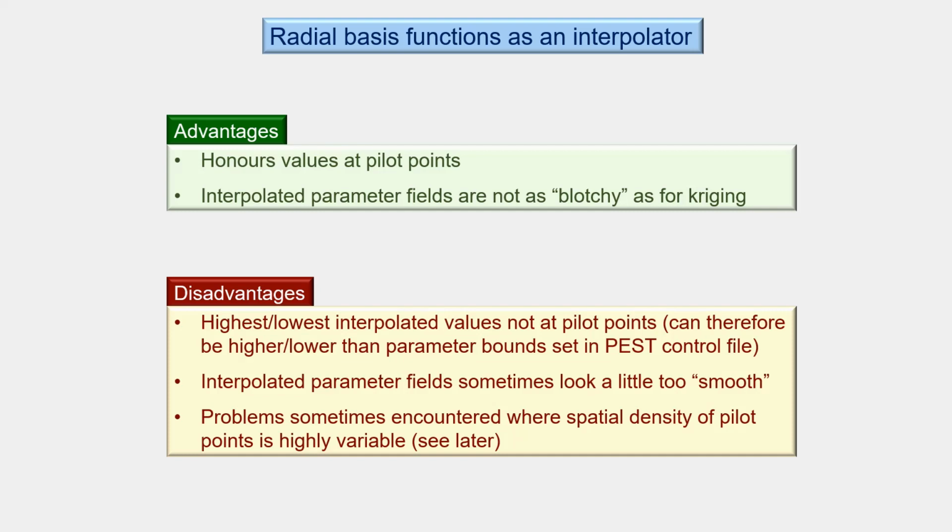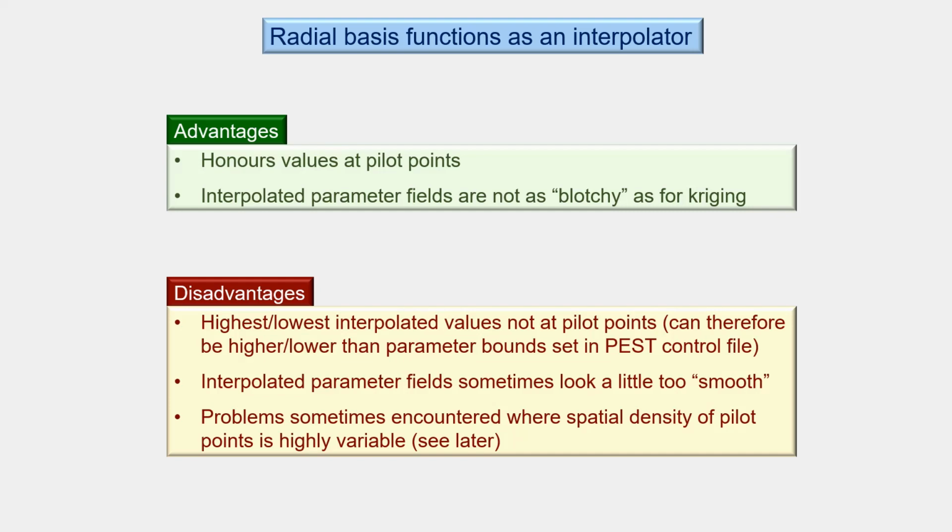Also, as with kriging, sometimes we can encounter problems if we have differential densities of pilot points in different parts of the model domain. But that can be largely fixed up in ways we'll talk about shortly.